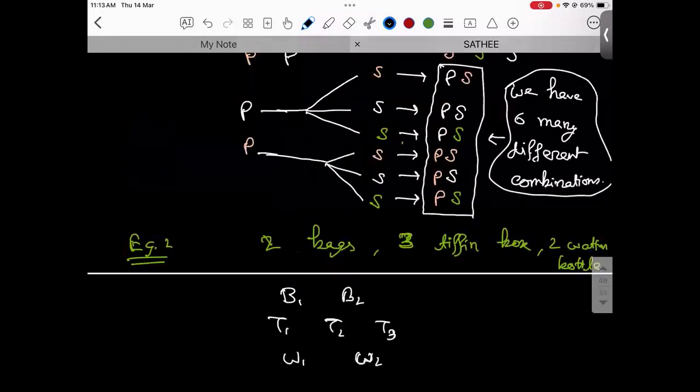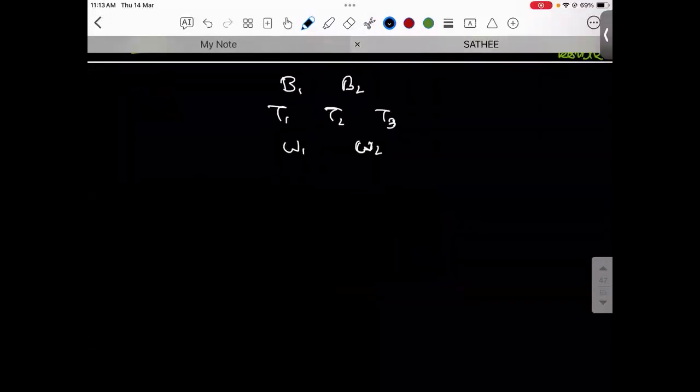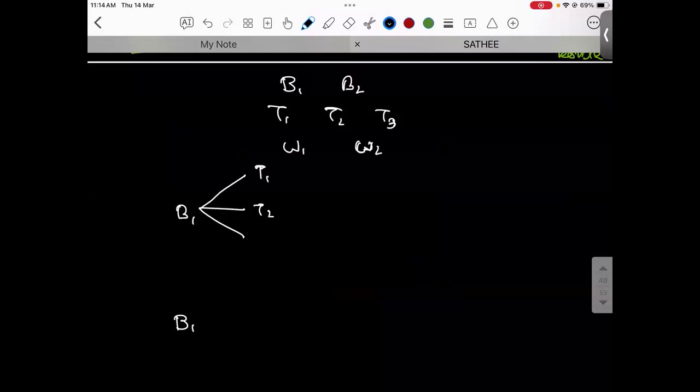If I draw the tree like the previous one, how can I write this? I have 2 bags, so I have 2 choices for the bag. Now for each choice I have 3 choices of tiffin box, right?